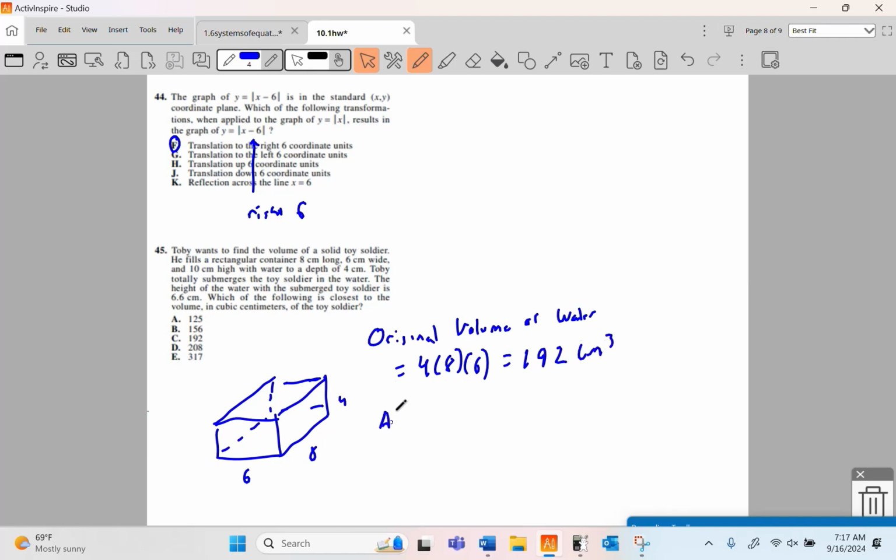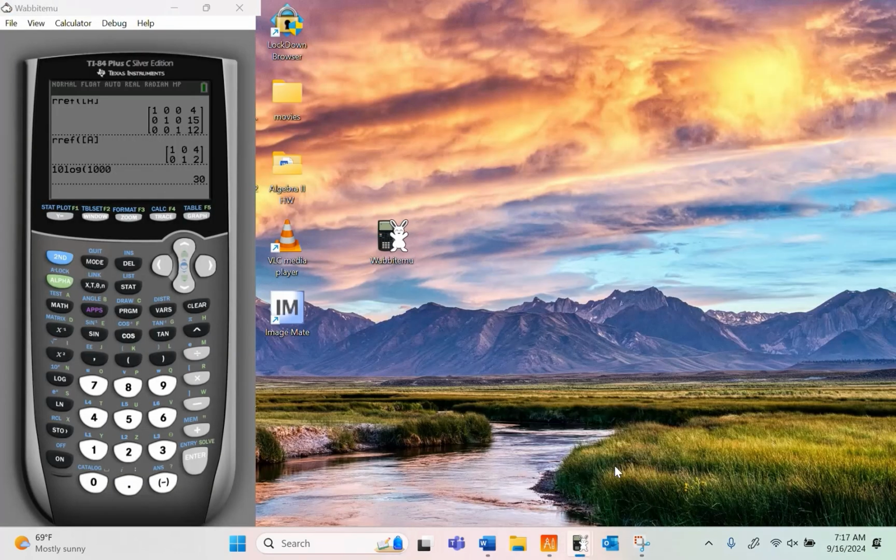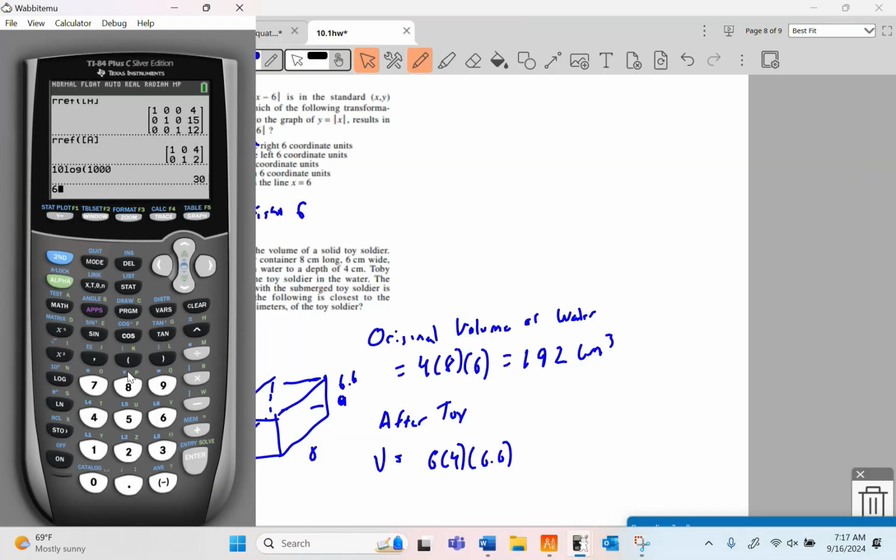And after the toy, the water increases to 6.6. So the new volume is going to be 6 times 8 times 6.6. Make sure I don't make any mistakes.